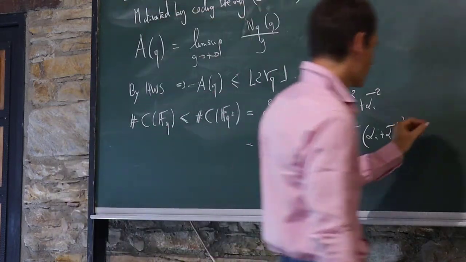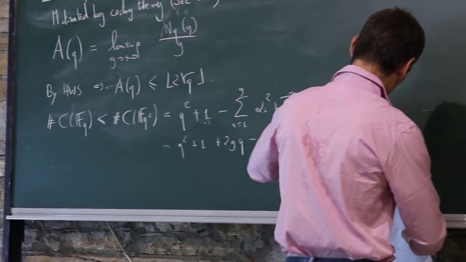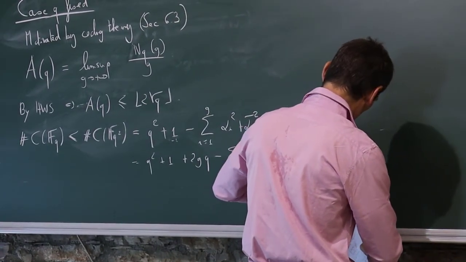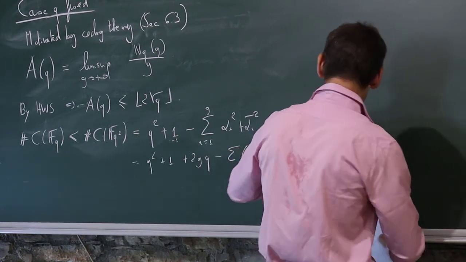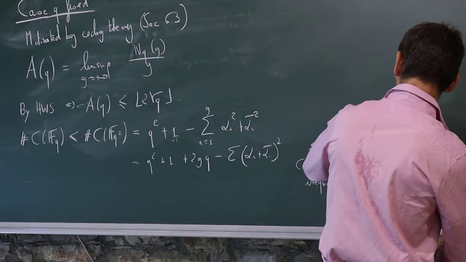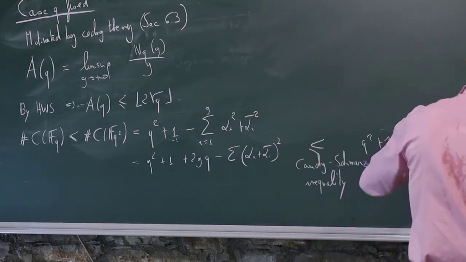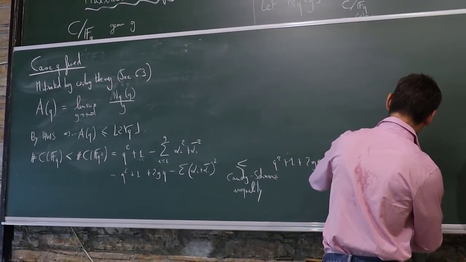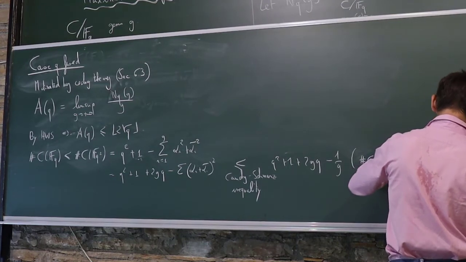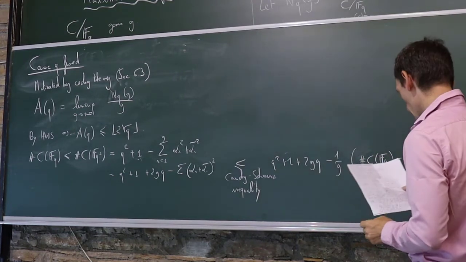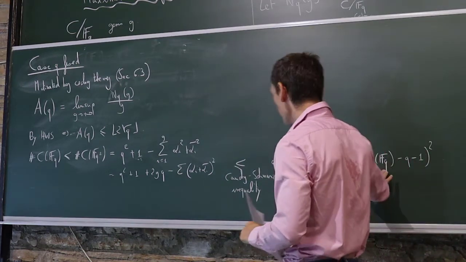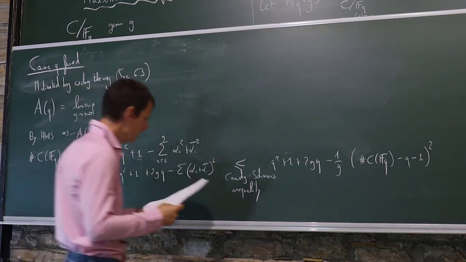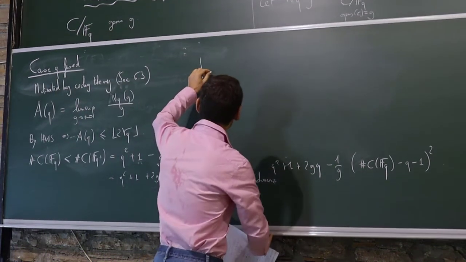And now you use the Cauchy-Schwarz inequality to get that you have q squared plus 1 plus 2gq minus 1 over g, the cardinality of the curve C over F_q minus q minus 1, squared. Okay. So this number appears now on both sides, so we are going to get some inequality. It's quite ugly, but after some computation, this is what you get.